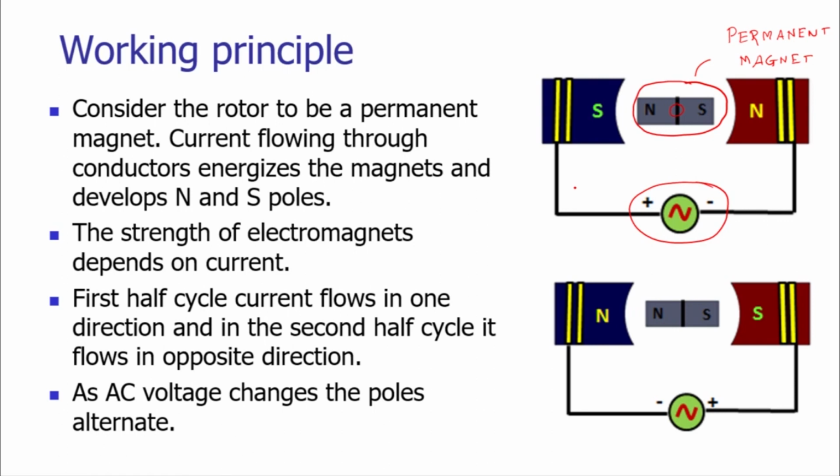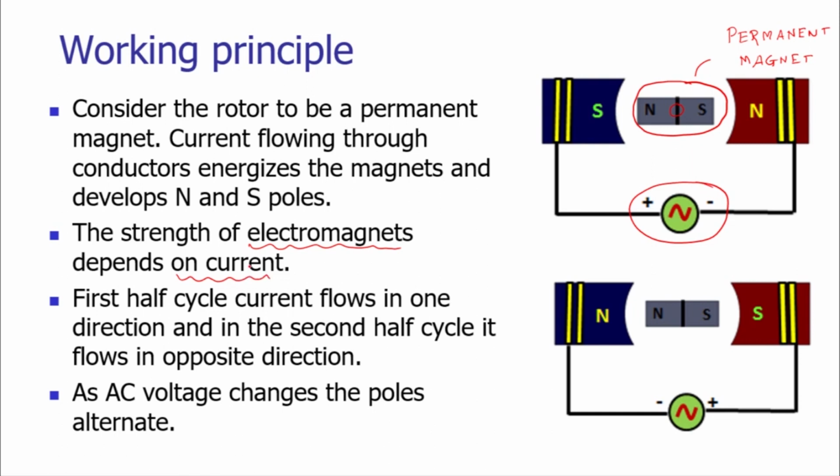The current which is flowing through the stator magnets, that is the electromagnets, is generating a rotating magnetic field, and that rotating magnetic field is compelling the rotor to rotate about its axis. The strength of the electromagnet, of course, depends upon the magnitude of the current.